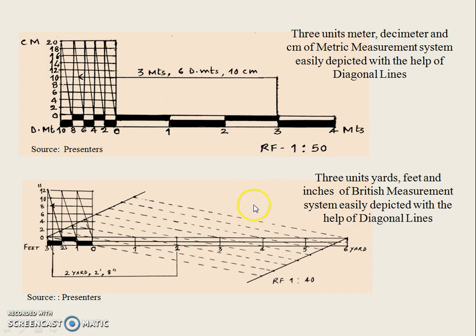In the next example, 3 units of British system, namely yards, feet, and inches have been depicted. 2 yards, 2 feet, and 8 inches can be read easily as shown in the diagram.